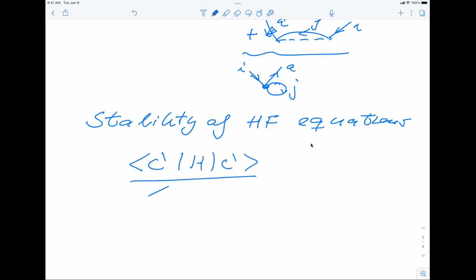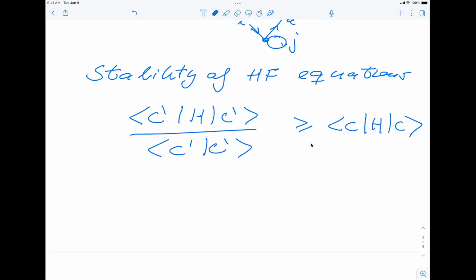And now, since this C prime is not normalized, we need to divide by a normalization factor. And what we want is that this one is larger or equal to the calculation we will now run with a Slater determinant, which by some assumption is assumed to give us a local minimum. And again, we can rewrite this Slater determinant in terms of the same expression as we did before.